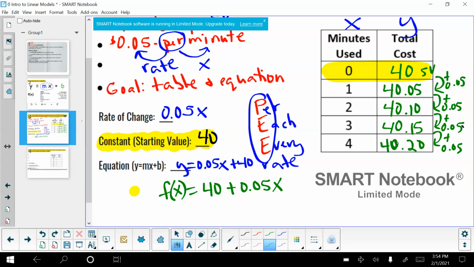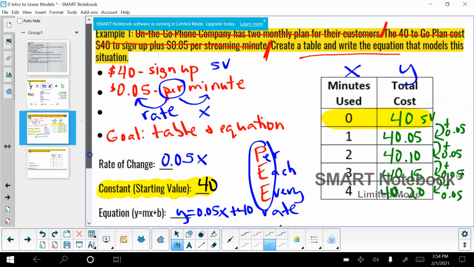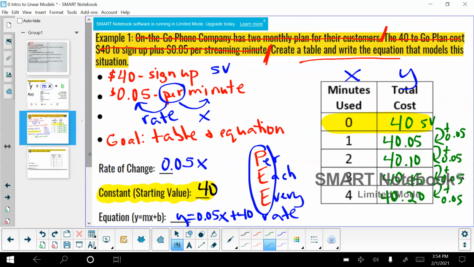But that's the basics of how to take your scenario, pick out your important information, use your rate clue words, per, each, every, to figure out what your rate number is and then what your starting value is, to substitute in your equation and then to create your table.